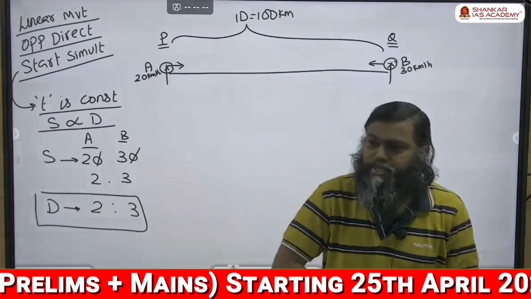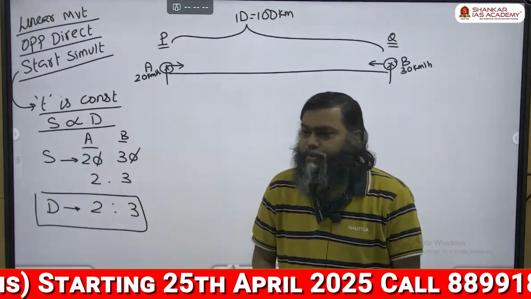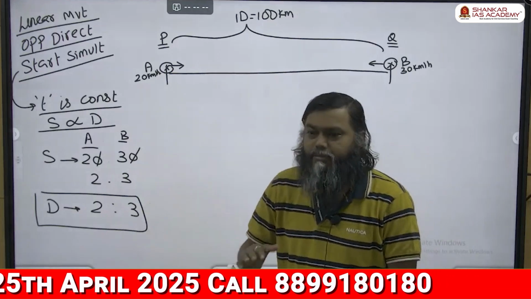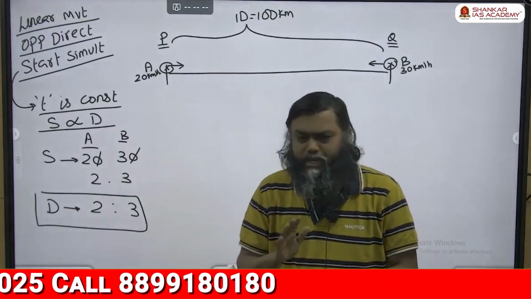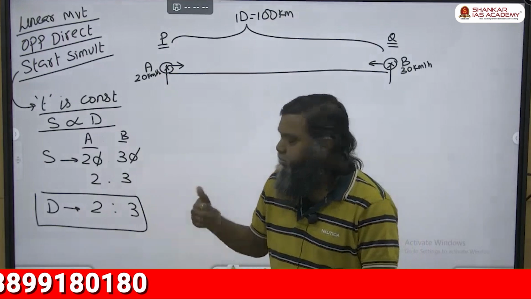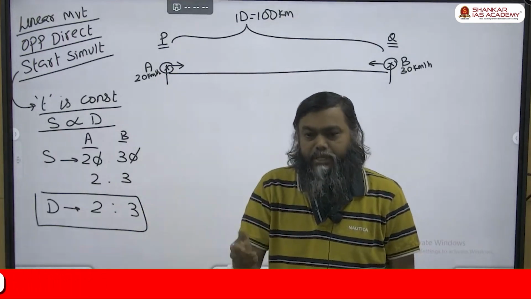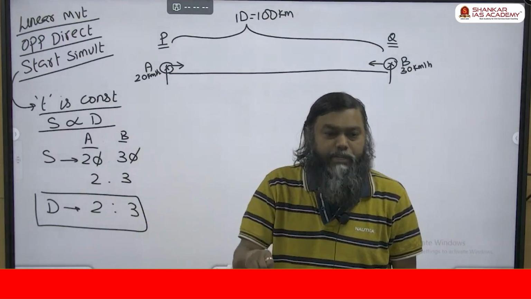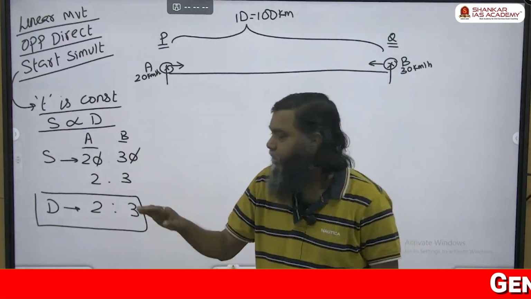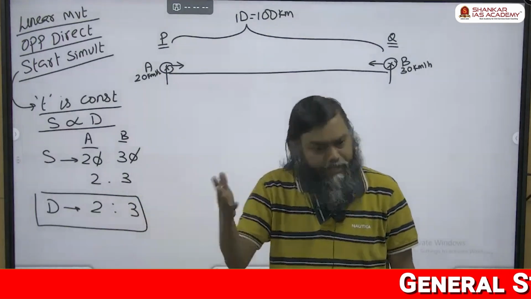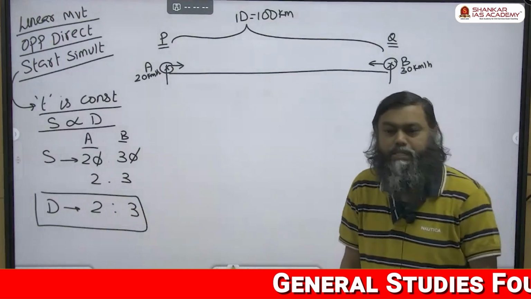What is the meaning of 2:3? If A traveled 2 units, in the same time B traveled 3 units. At the time of each meeting point, the ratio of the distance traveled by A and B must be 2:3. I will tell you after some time.